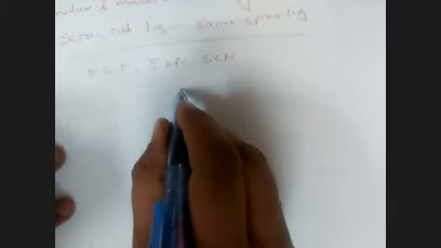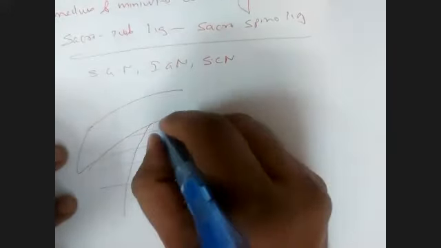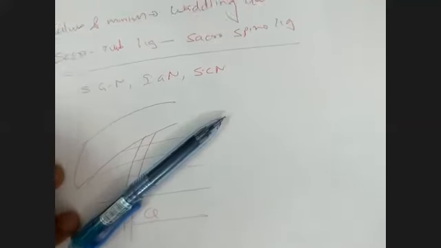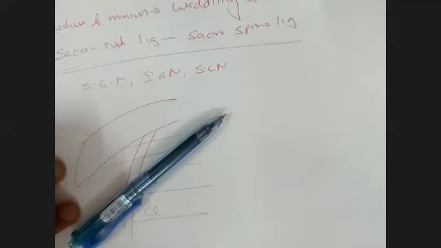The sciatic nerve is also mainly seen in this region, because this is the piriformis, and then there is the superior gemellus, inferior gemellus, and coming out from the greater sciatic foramen and going over the quadratus femoris is the sciatic nerve.